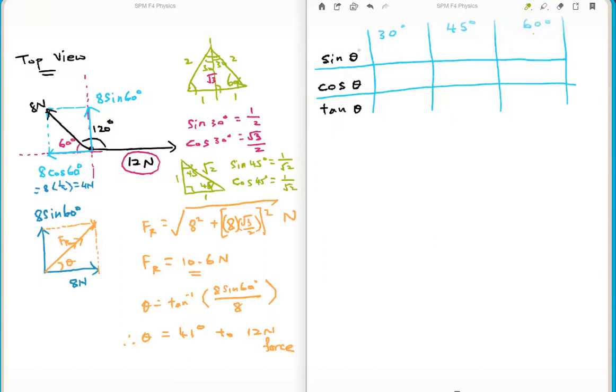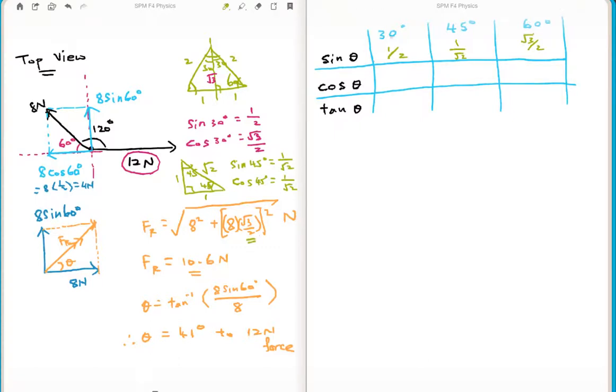So sine 30 is 1 over 2, a half. Sine 45, then you refer to this triangle, sine is 1 over root 2. Sine 60 is root 3 over 2. That's what I have here.